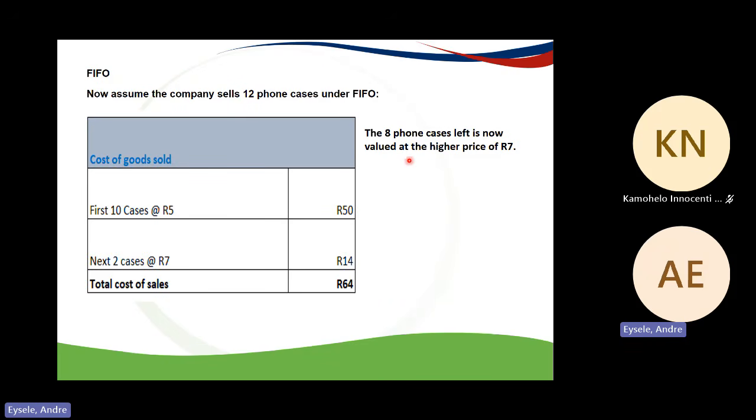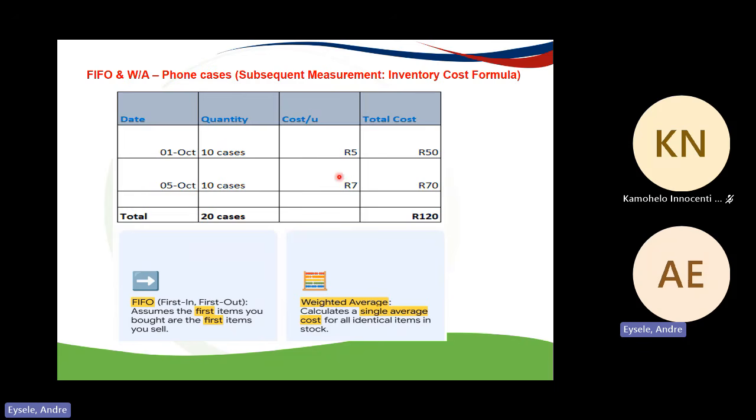How do we value the 8 phone cases? The first 10 cases at 5 Rand is 50 Rand, and the next 2 cases are sold at 7 Rand. The 8 phone cases left you will value at the higher price of 7 Rand because they fall in that category.